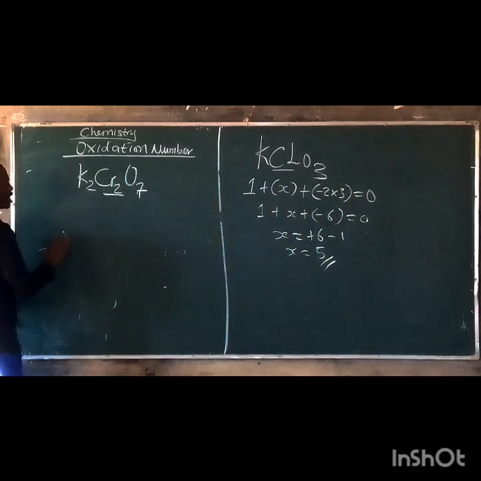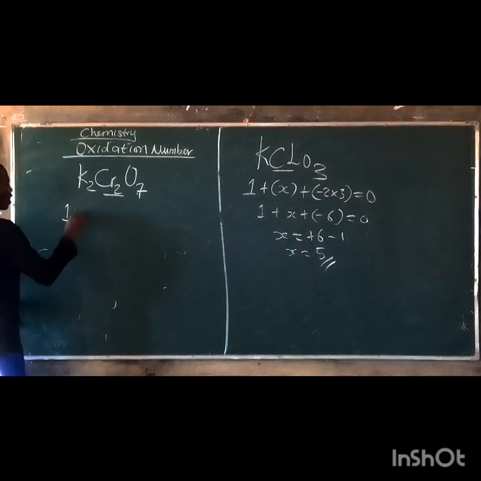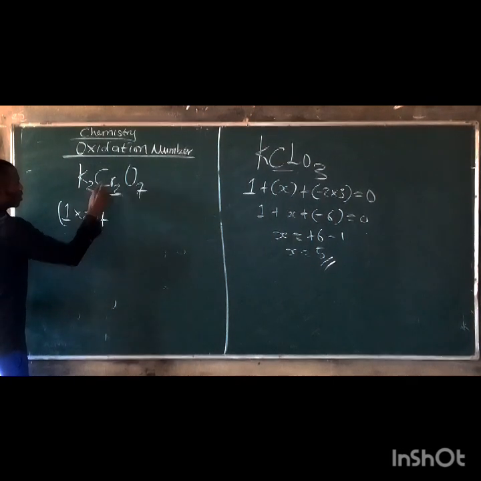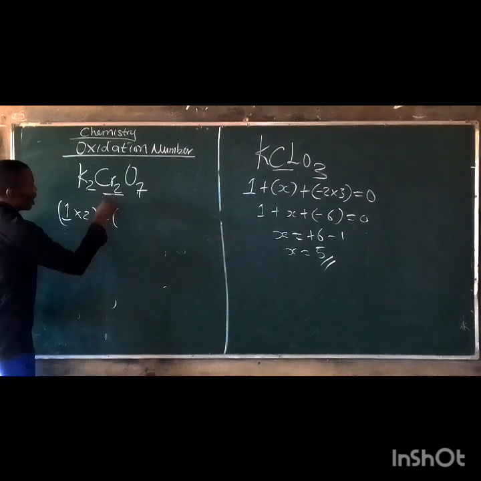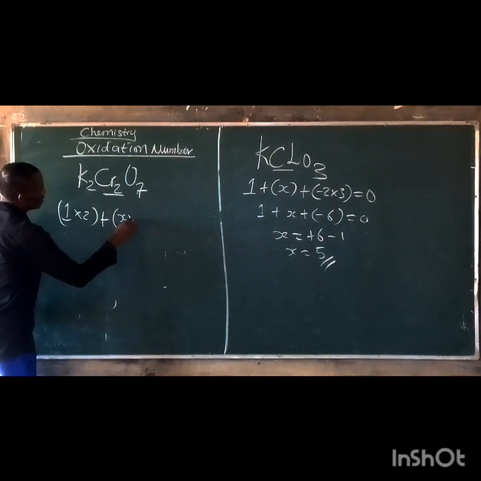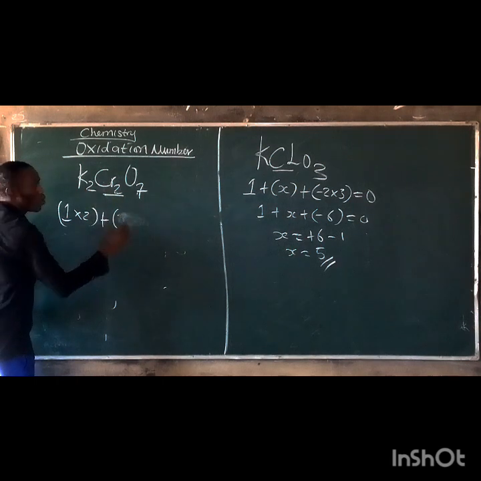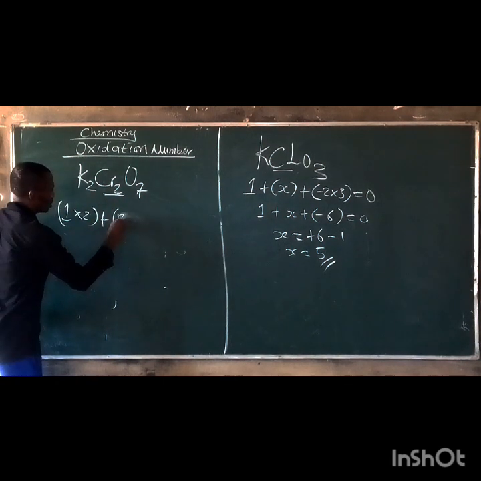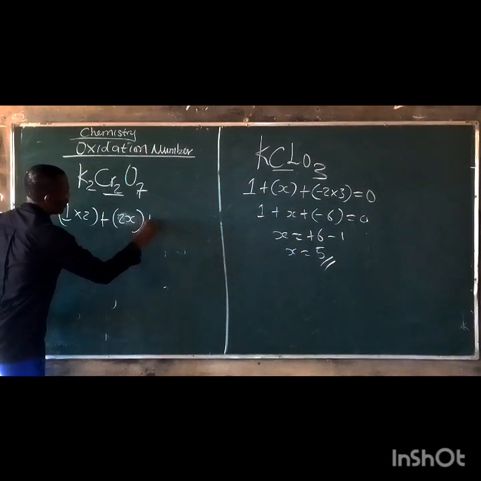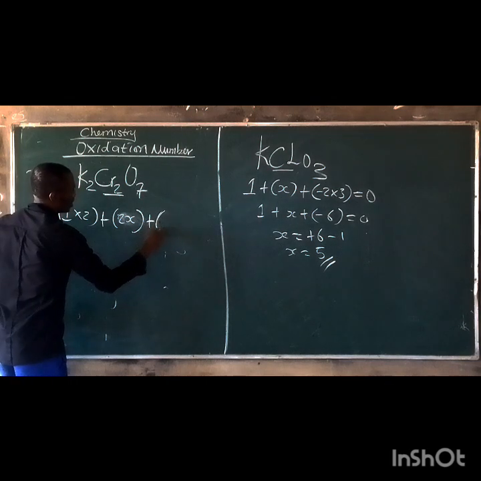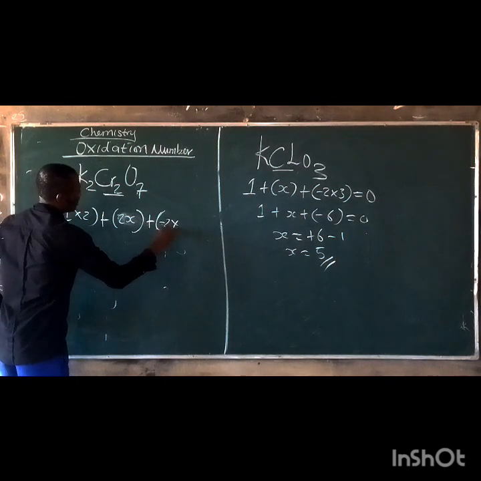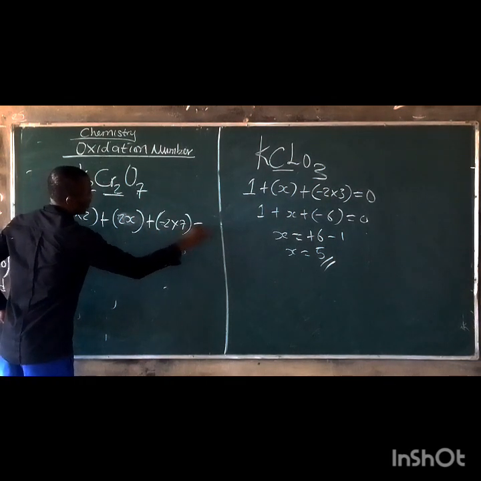So potassium is 1 and it's 2 of those. 1 times 2. Chromate is X, so it's x times 2. Alright, so let's make it 2x because we're looking for 2 of those. So it's 2x, and then plus oxygen is -2 times by 7. Everything is equal to 0.